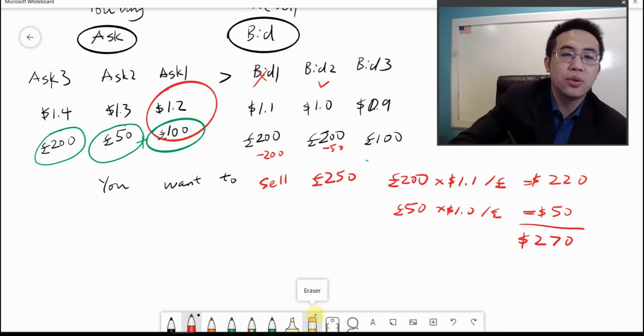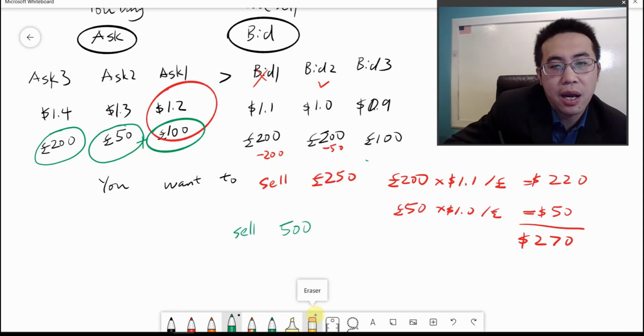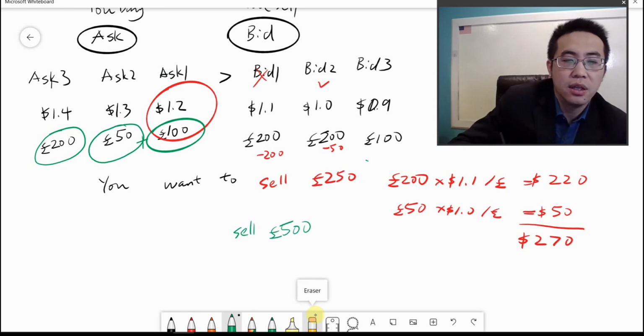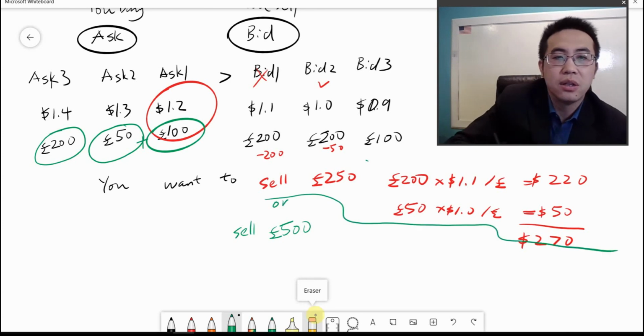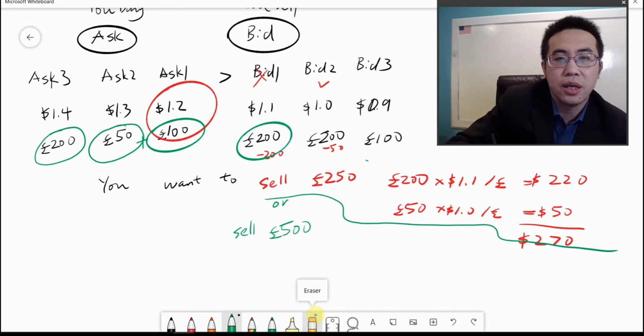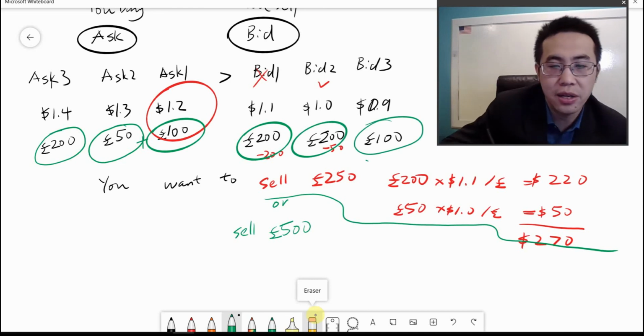All right. So if we do a more complicated case, if you want to sell all 500 pounds, okay, all 500 pounds. Let's say this case is isolated from the previous one. They have nothing overlapping. So if you go with the second one, then the first inventory would be gone, the second one would be gone, then the last one would be gone, and that just happens to make the 500 pounds you want to sell.